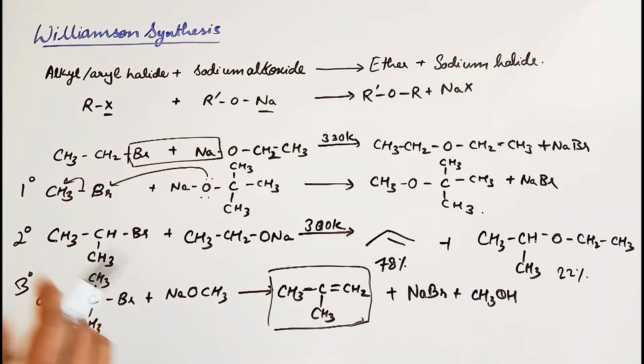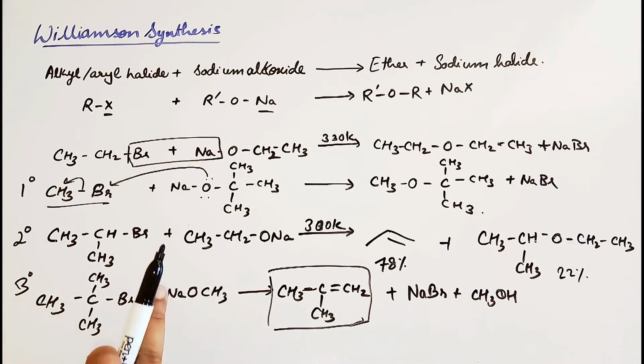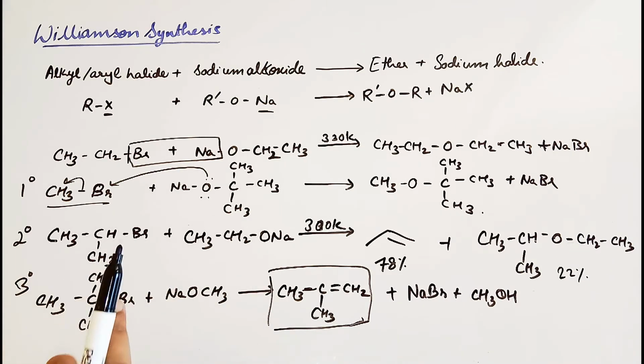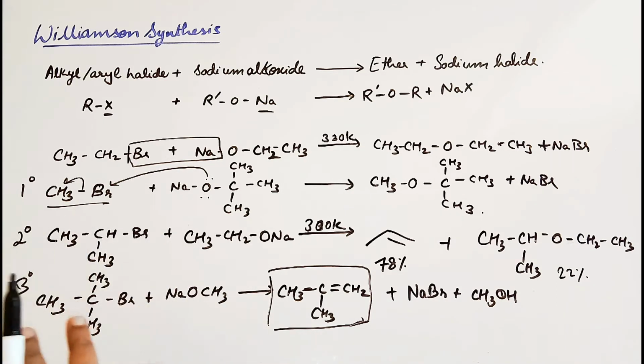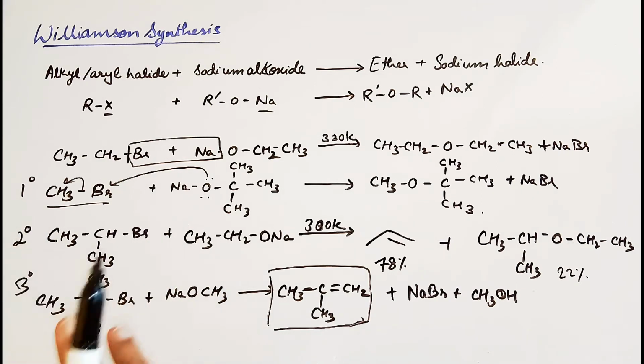Remember, that's why we use a primary alkyl halide for the synthesis of symmetrical and unsymmetrical ethers. The reason we have the elimination reaction is that alkoxides not only act as nucleophiles, but they also act as strong bases. So when they react with a tertiary alkyl halide, they react as a strong base, and that leads to the formation of an elimination product.